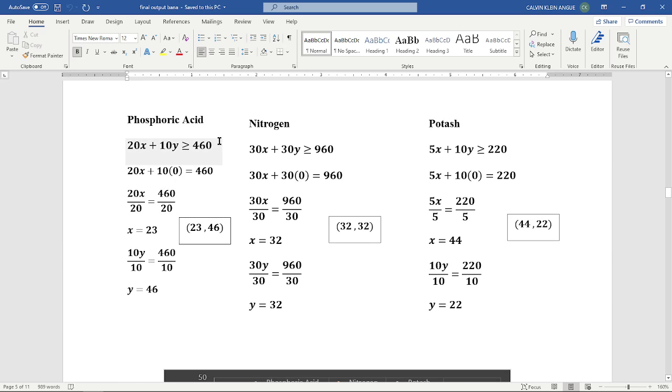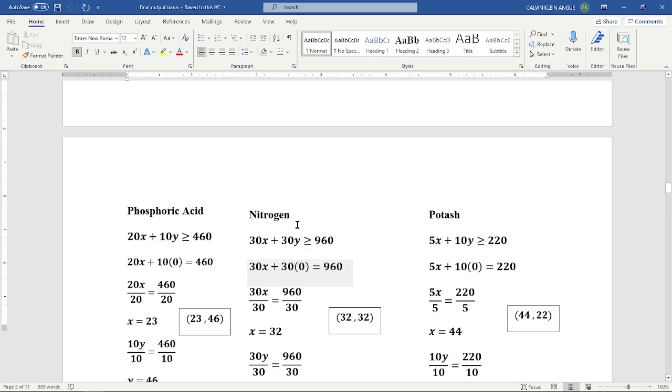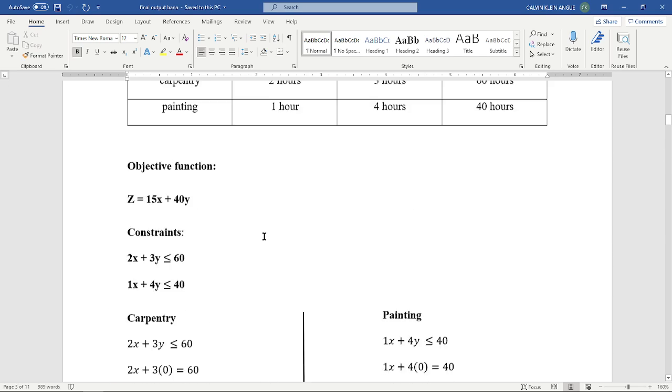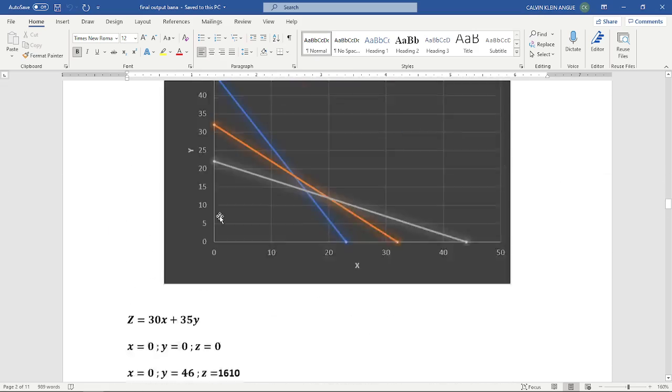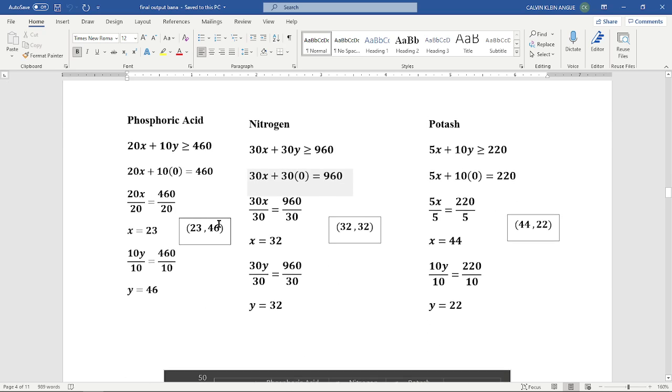It's the same as this. You just need to transpose, change the variable into 0. So you will get 460 over 20 equals to 23. 460 divided by 10 equals to 46. So it's the same for the three, the phosphoric acid, nitrogen, and the potash.